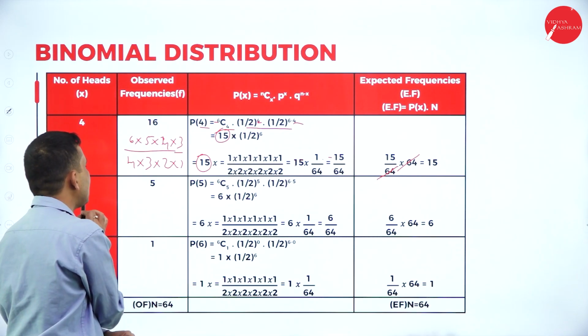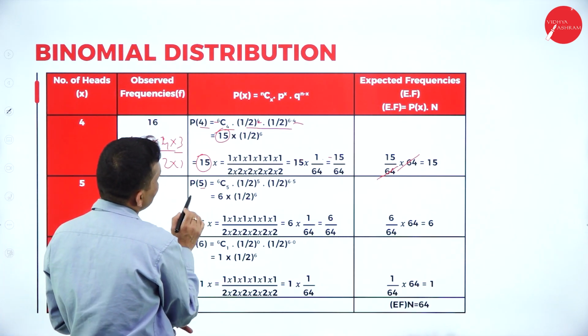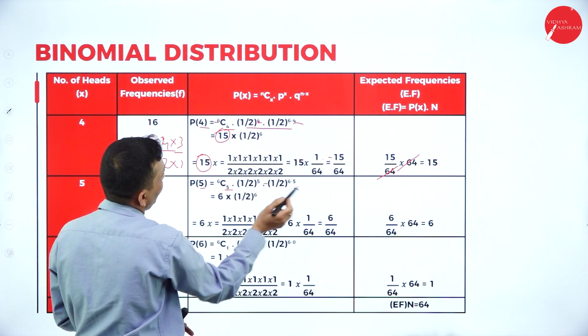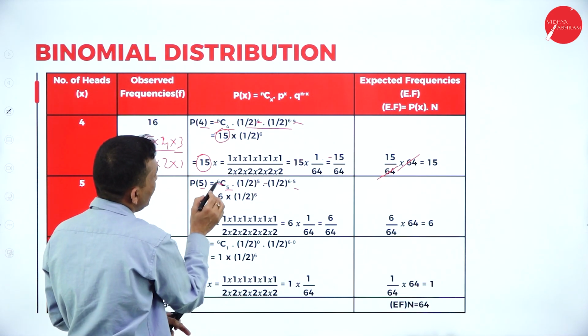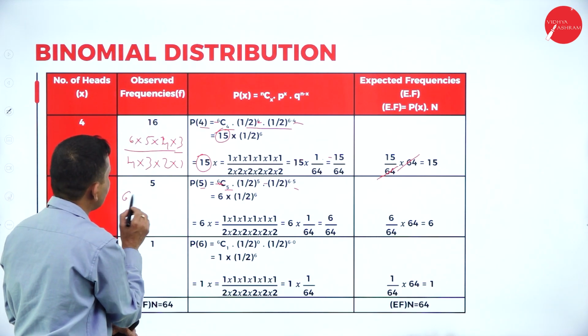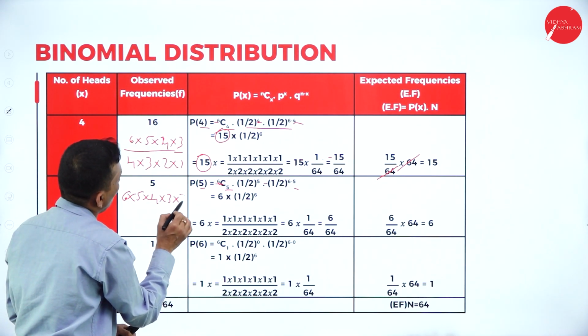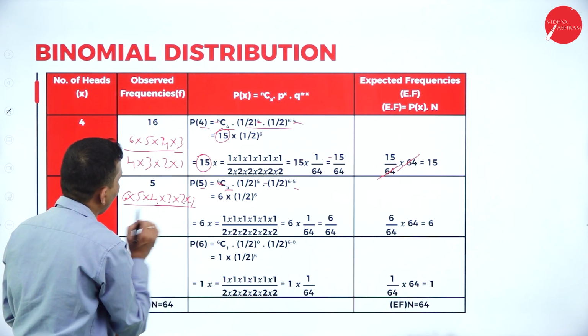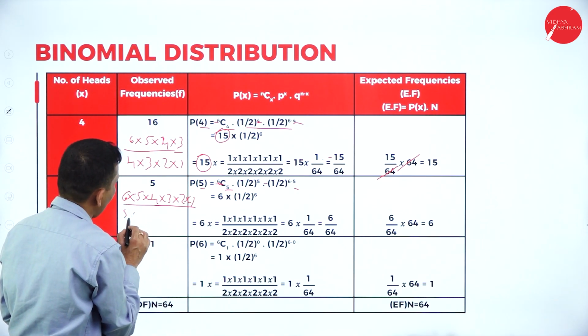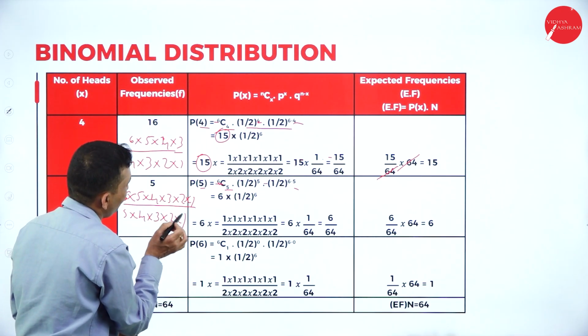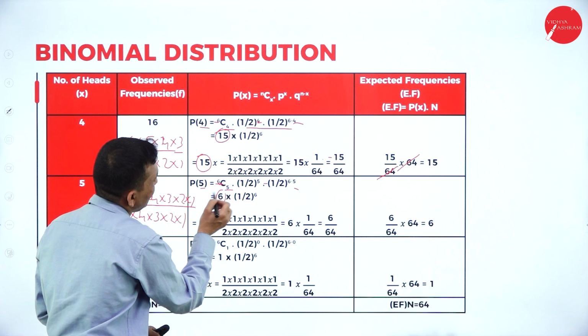Next variate is x equals 5. Wherever you are finding x we are writing 5. Now n is 6. If you simplify, 6 into 5 into 4 into 3 into 2 into 1, divided by 5 into 4 into 3 into 2 into 1, directly we are getting 6.